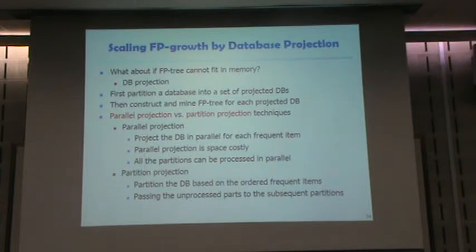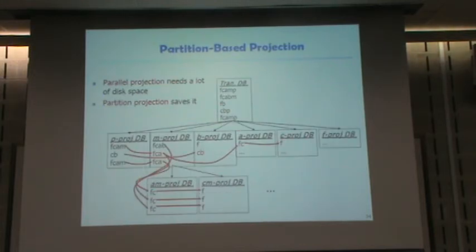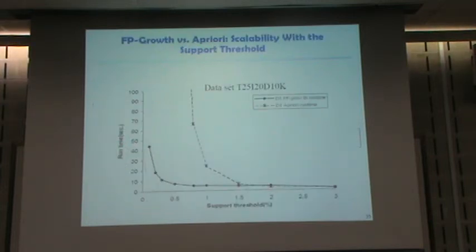So sometimes we need to reduce the size of the data. One solution is the partition based. So we can partition by the conditional base, like the P base, the M base, the B base, and something like that. We can partition, then apply the parallel processing for each partition. So that is a partition based projection.